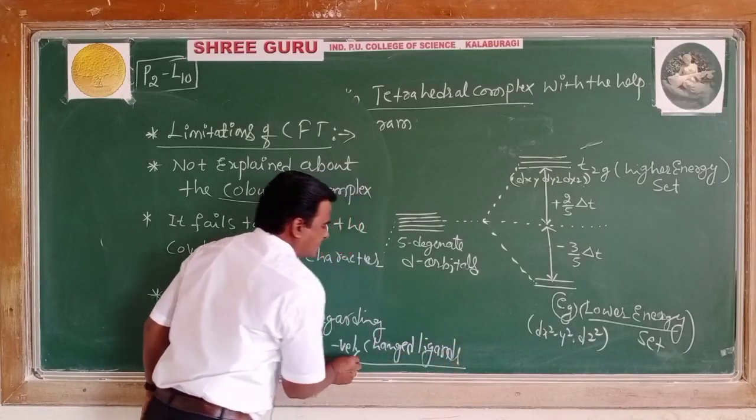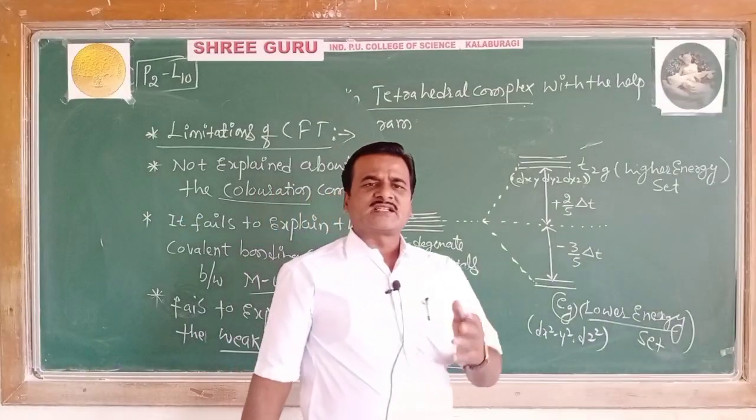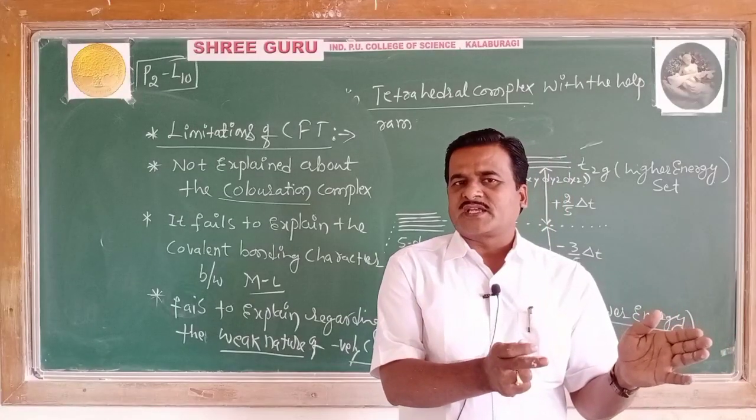Negatively charged ligands in the sense anions such as F minus, Cl minus, I minus, those are considered as weak ligands in the spectrochemical series.